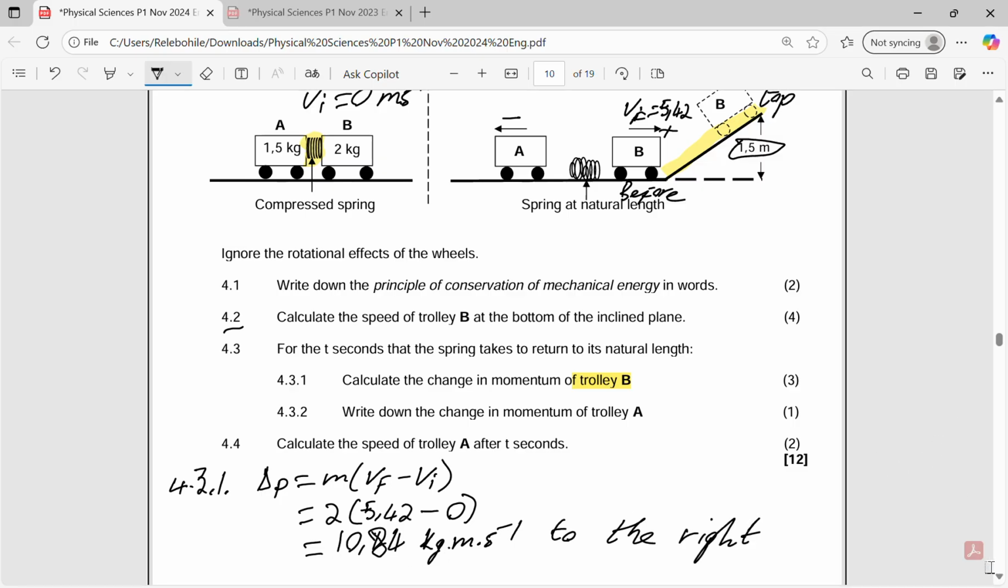Now we'll move on to the next one. The next one says write down the change in momentum of trolley A. This is worth 1 mark, and it's worth 1 mark because, guys, the change in momentum of this trolley A will be the same as the change in momentum of trolley B, but it will move in the opposite direction.